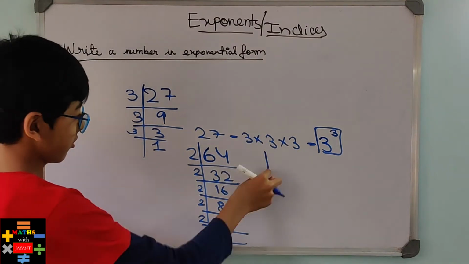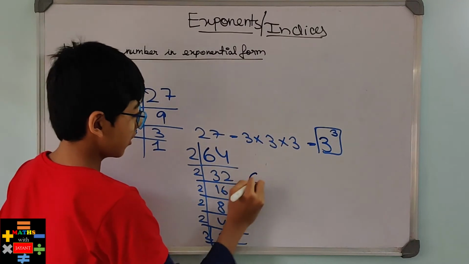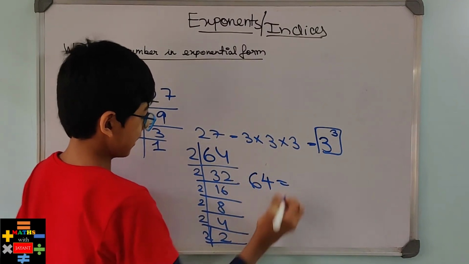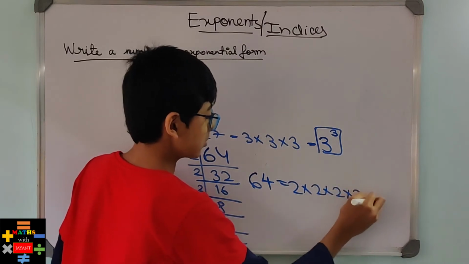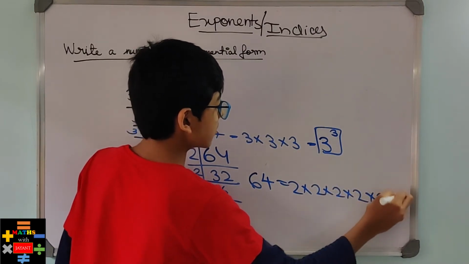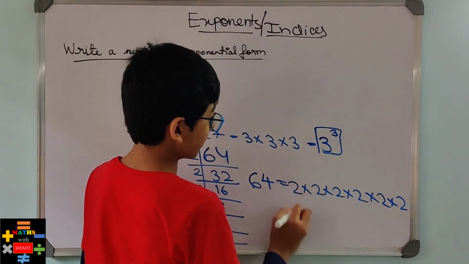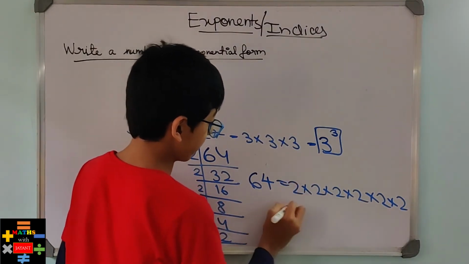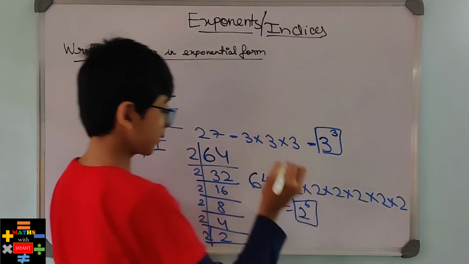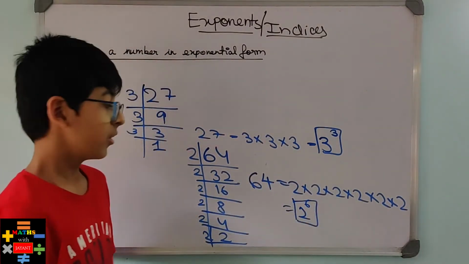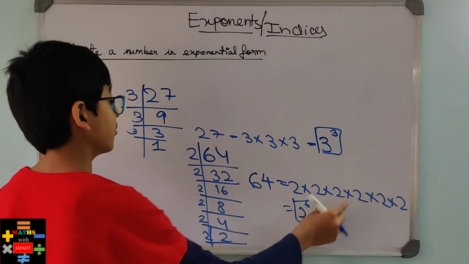So like this, we get 64 as 2 into 2 into 2 into 2 into 2 into 2. Now over here 2 is being multiplied 1, 2, 3, 4, 5, 6 times. So we will get 2 to the 6th power like this. So this is 2 to the power 6. It's going to be one way of shortening this.